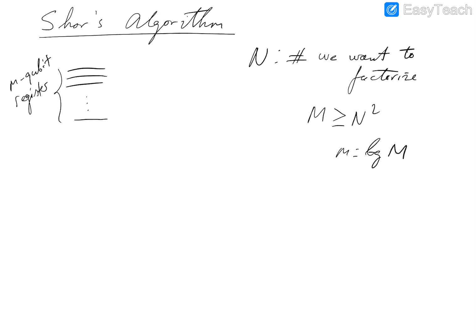So this is stored in the second register. The second register will store a number mod n. So this is an n qubit register, where n is equal to log n. Okay, so this is a register which can store a number mod n.